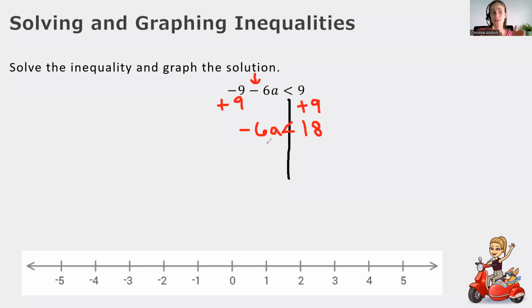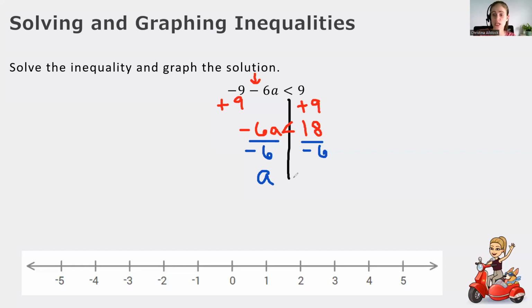The inverse, the opposite of multiplication, would be division. So we're going to divide both sides by that -6. A negative divided by a negative would cancel out and become a positive, and a -6 divided by a -6 would be a +1. So we're left with one single A.